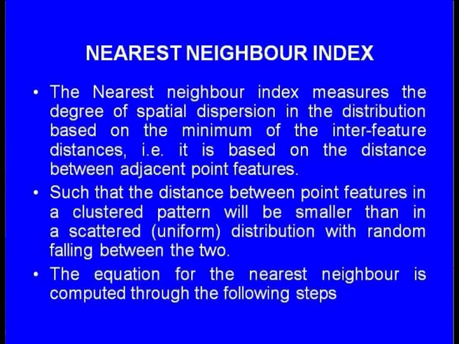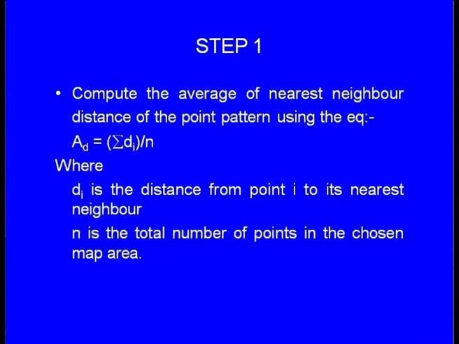The equation for the nearest neighborhood is computed through the following steps. Step 1. Compute the average of the nearest neighbor distances of the point pattern using the equation AD is equal to summation of DI divided by N, where DI is the distance of point I to its nearest neighbor, and N is the total number of points in the chosen map area.